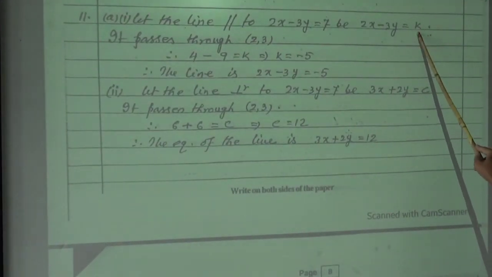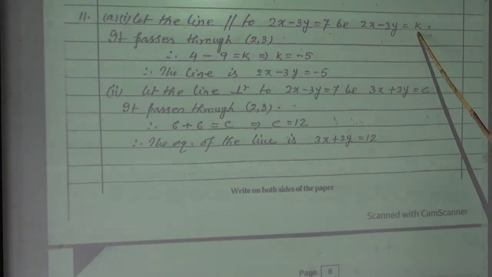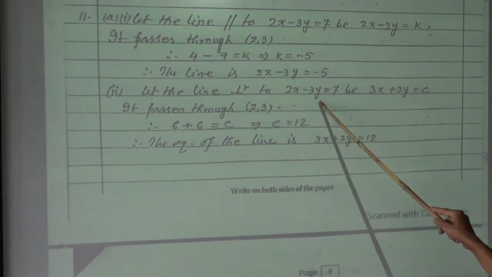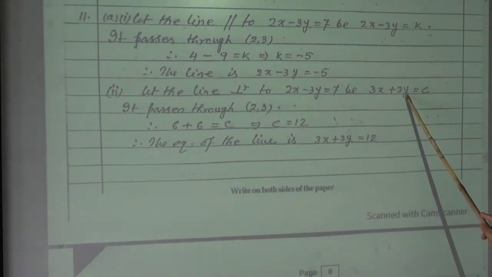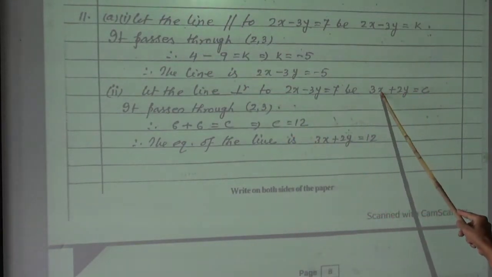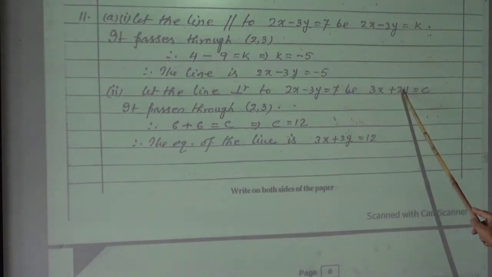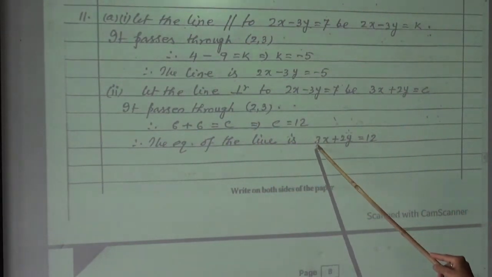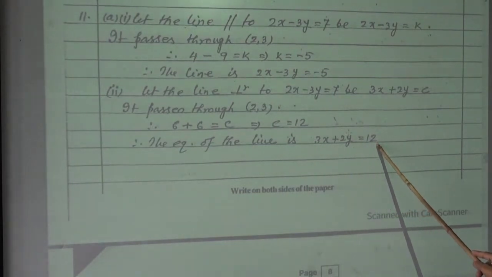I have already written k; in the same question, you should not write the same constant once again, so I have taken a different constant here. So perpendicular to this I have assumed as 3x plus 2y is equal to c. This is passing through the same point (2, 3). X is 2, y is 3, replace: 6 plus 6 equal to c, c value is 12. So required equation is 3x plus 2y is equal to 12.